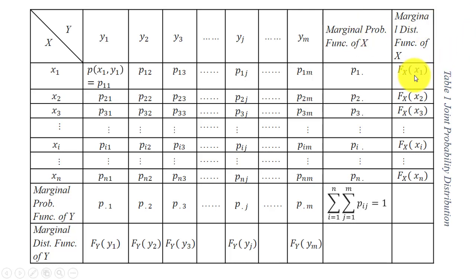This is denoted by fx of x equal to x1. Fx of x equal to x1 means we are keeping the random variable capital X fixed at x1 and taking the summation over all the values of y. So it's the marginal distribution function of x.